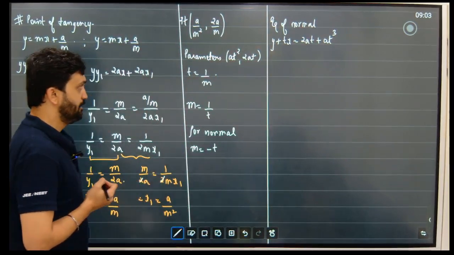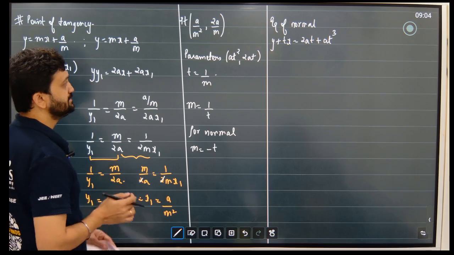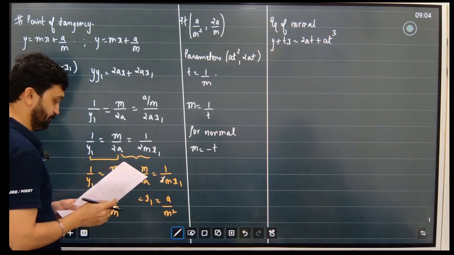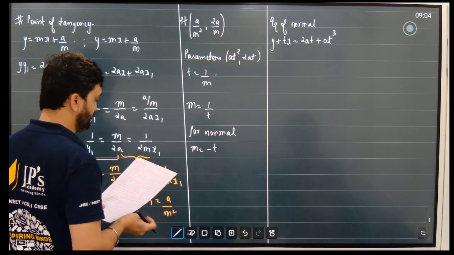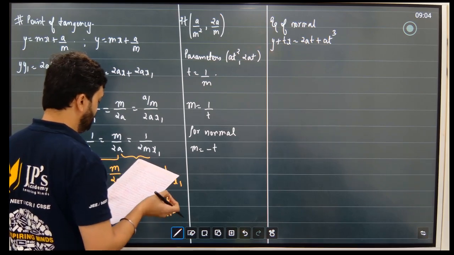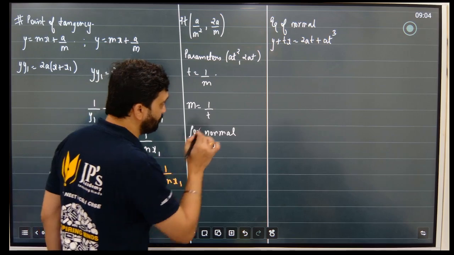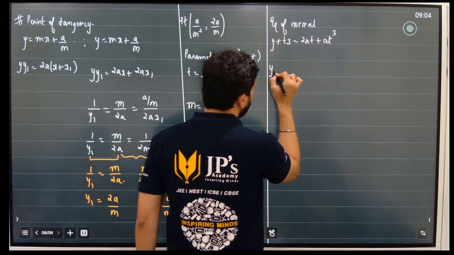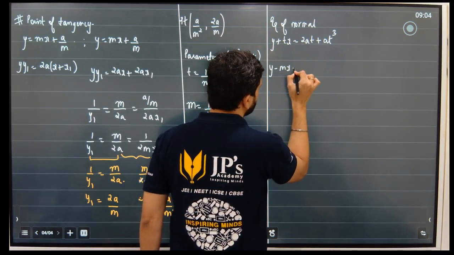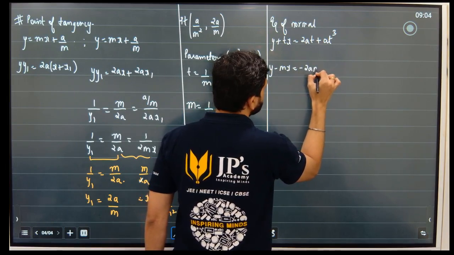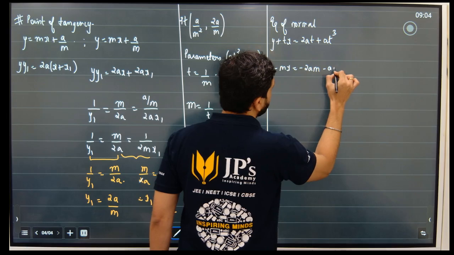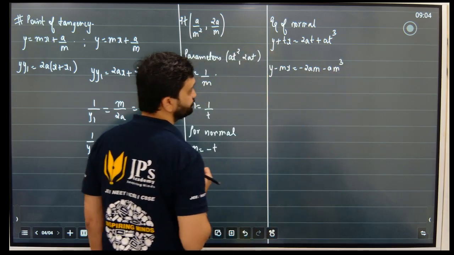Now see this, if I substitute the value of t as minus m, this will become y minus mx is equal to minus 2am minus am cube.